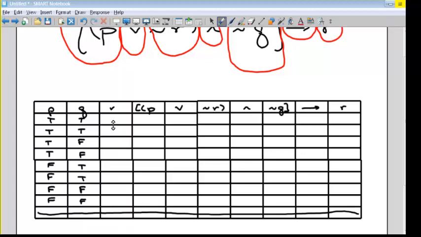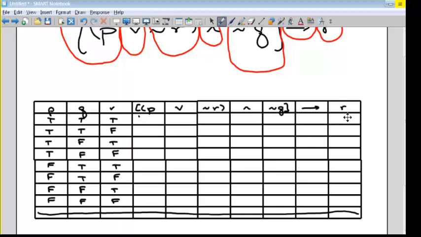And then the final column, which is R, you alternate back and forth, just a single true, false, true, false, true, false, true, false. And you'll see that in every column I have 4 trues and 4 falses, in these established patterns so that these are all the 8 different combinations of trues and falses that are possible with these 3 statements.